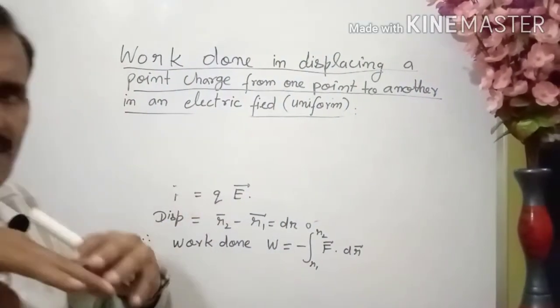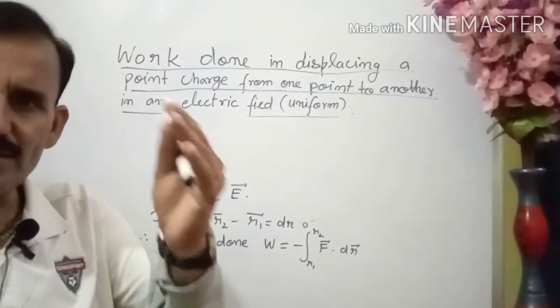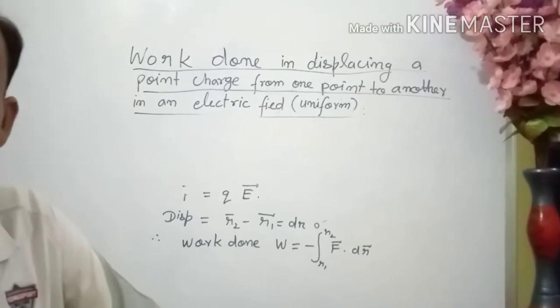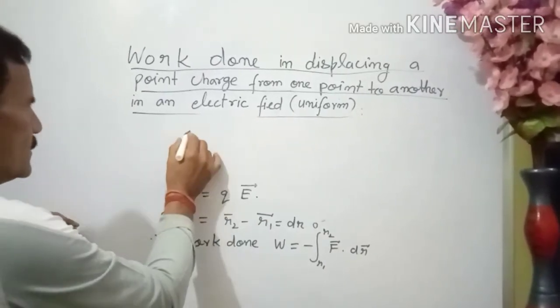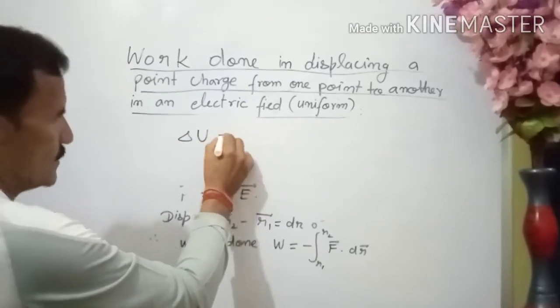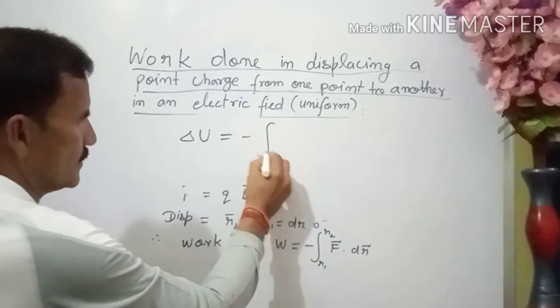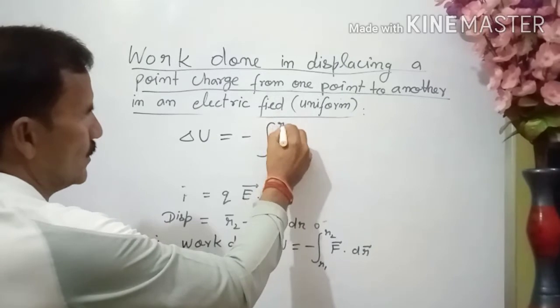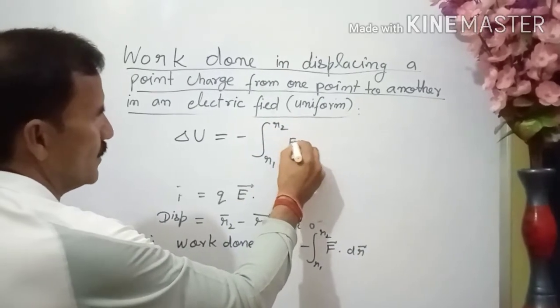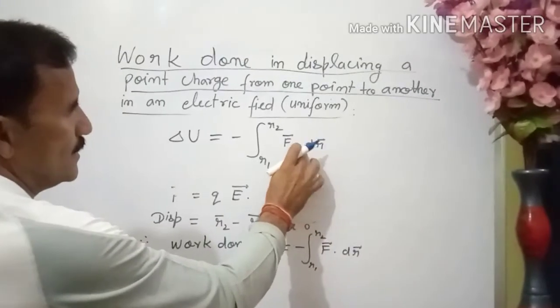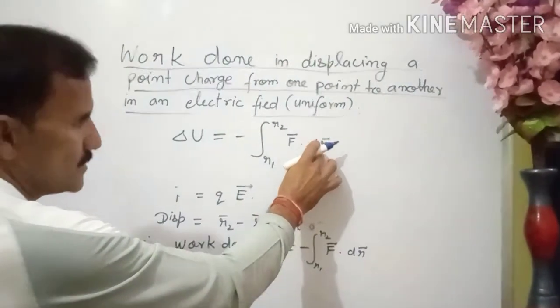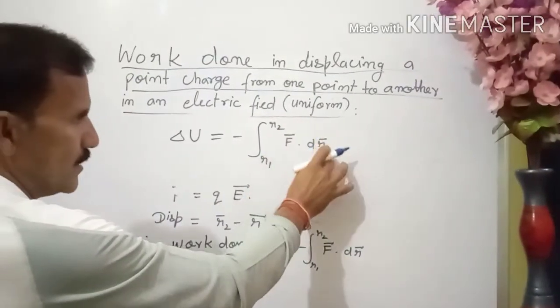So the electrical potential energy is also the same in magnitude, because the definition is, what is energy? Energy is the ability to do work. So the magnitude of the work done is nothing but the energy stored. So this is delta U, potential energy. Electrical potential energy is nothing but the integral from R1 to R2 of F dot dr. What is dr? dr is R2 minus R1, meaning displacement. So it is a dot product.